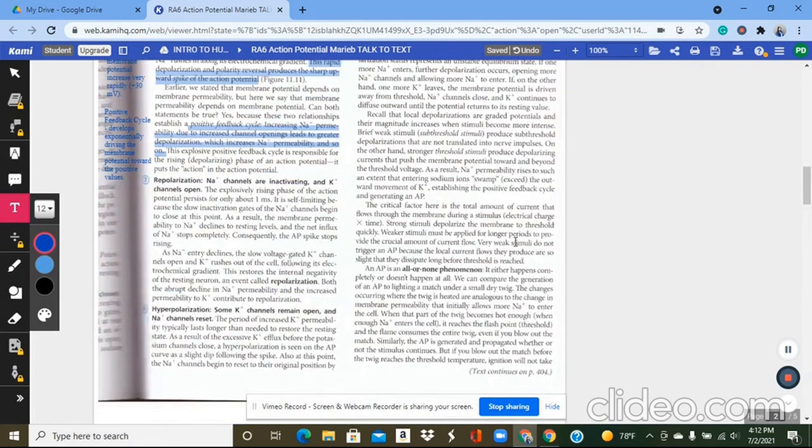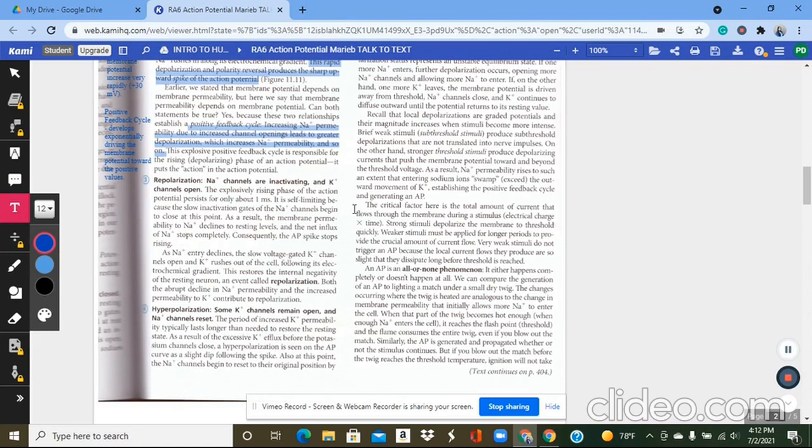Okay, so let's move on to the next phase, which is the repolarization, where the sodium channels inactivate and the potassium channels open. The explosively rising phase of the action potential persists for only about 1 millisecond. It is self-limiting because the slow inactivation gates of the Na channels begin to close at this point.